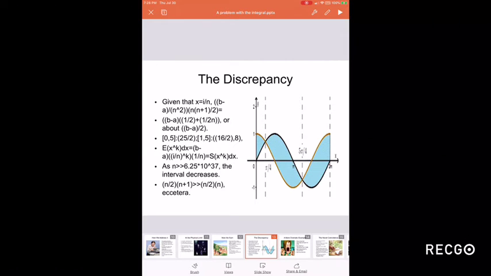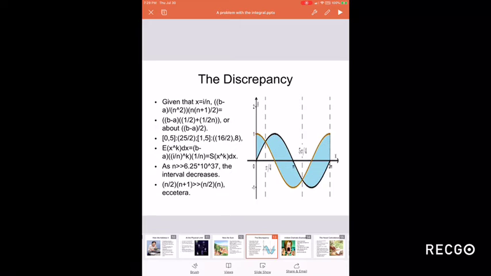The discrepancy. There is still some discrepancy in both the sum and the derivative of x cubed. Given that i equals x over n, the continuing sum is (b minus a) over n squared times n times (n plus 1) over 2, which corresponds with what the integral is.